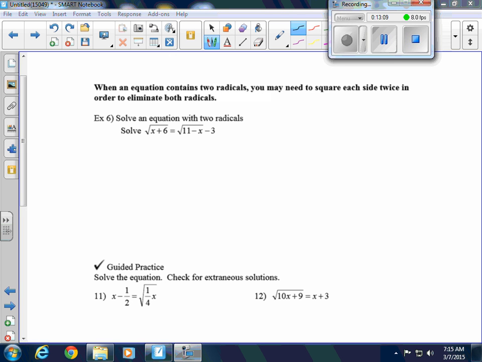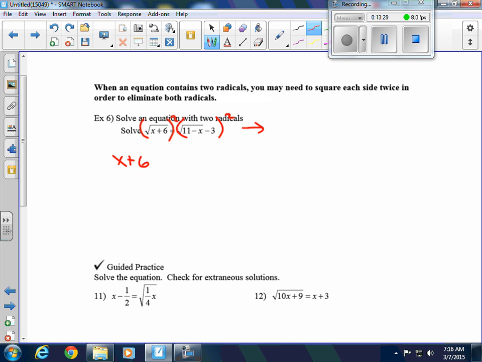The nice thing in this equation is that the left side is already isolated. So we're going to square both sides. The reason we have to isolate a radical is that now when we square that one, it's just going to be x plus 6.